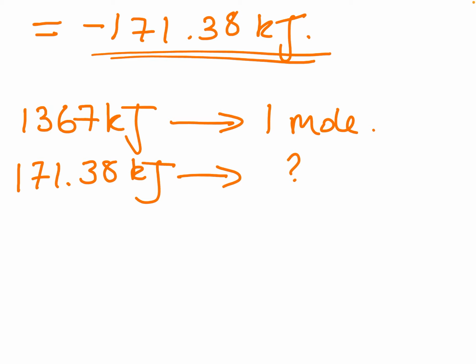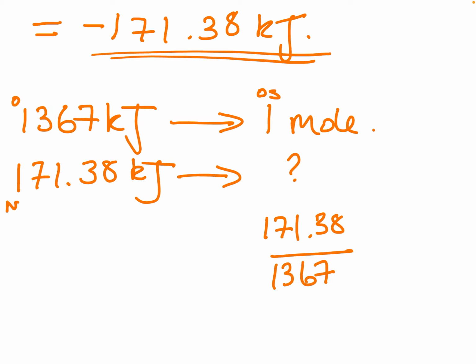Let's calculate it. We are going to do our proportion again. This is going to be new, this is going to be old, and this is going to be other side. So if we put that into our equation, that would be 171.38 divided by 1,367 times by that 1 mole.